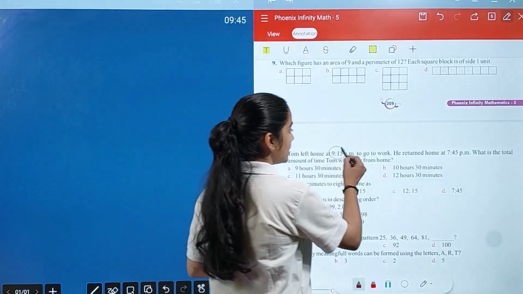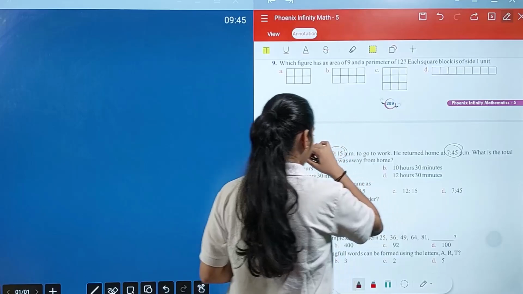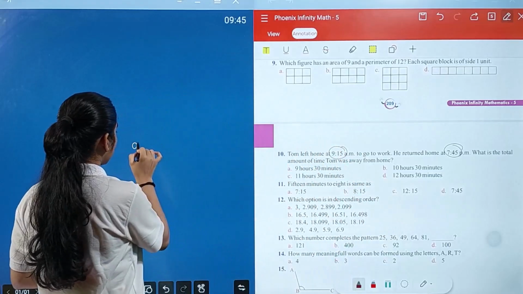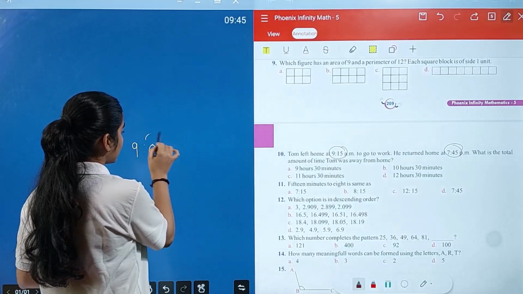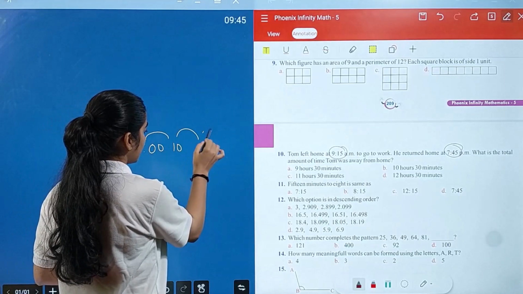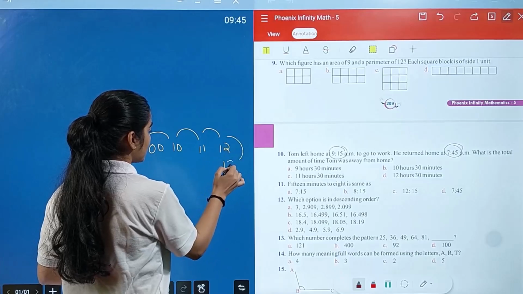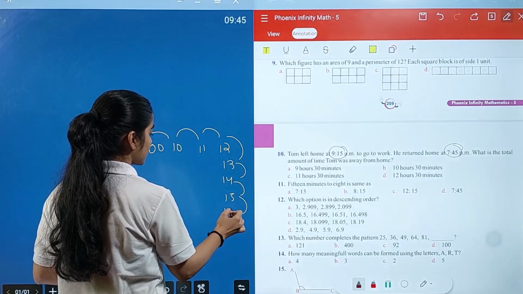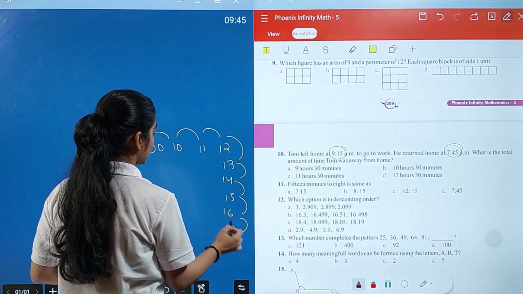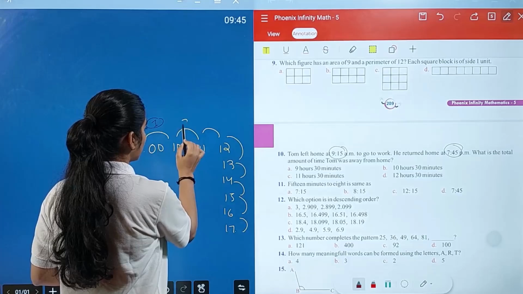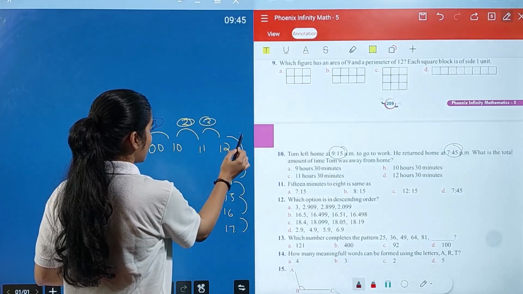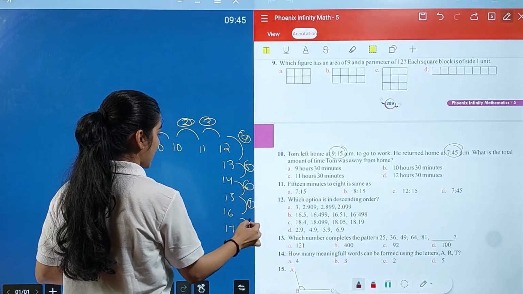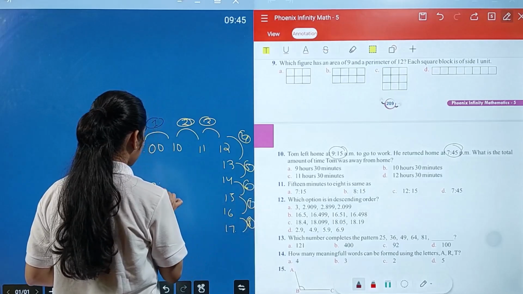So 9:15 a.m. to 7:45 p.m. So after 9, we calculate 9, 10, 11, 12, 13, 14, 15, 16 and 17. Then 1, 2, 3, 4, 5, 6, 7 and 8. So in total we have 8 hours.